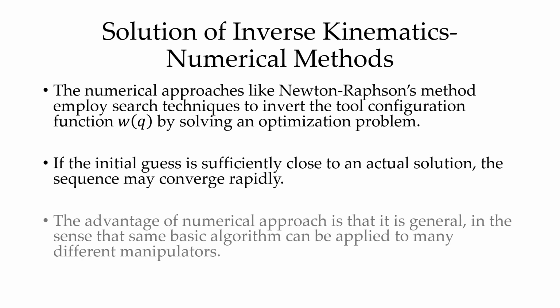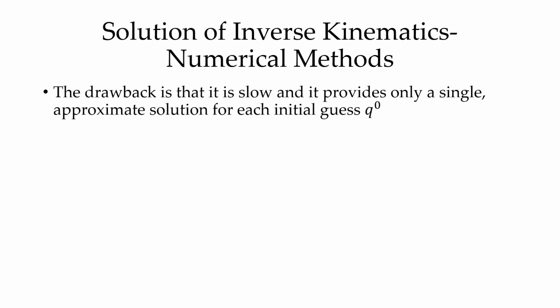So the main advantage of a numerical approach is that it is robot independent. That means for every class of robot, we can use the same technique. It does not change depending on different classes of robots. But the main drawback of this method is that it is very slow and it only provides a single and approximate solution. It will not give you multiple solutions that might exist.